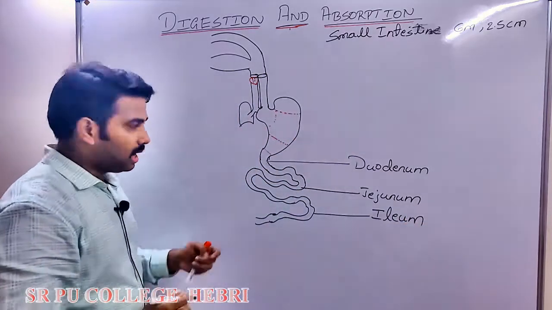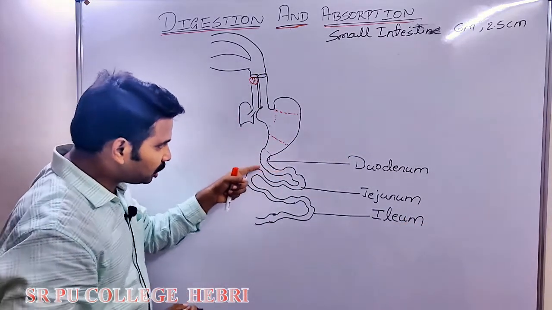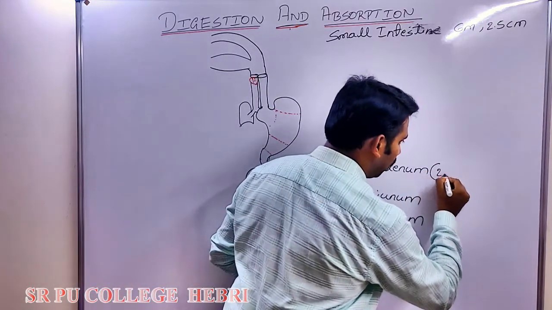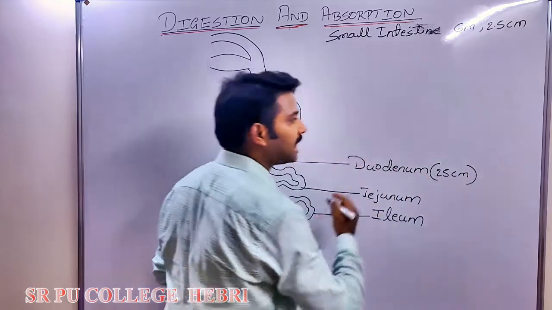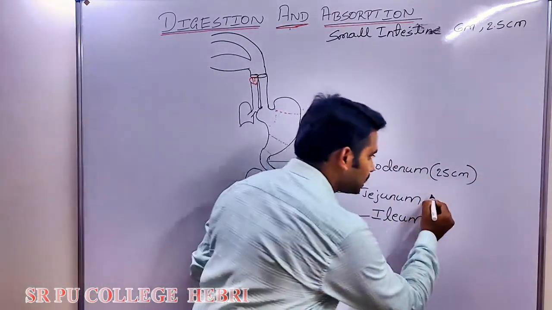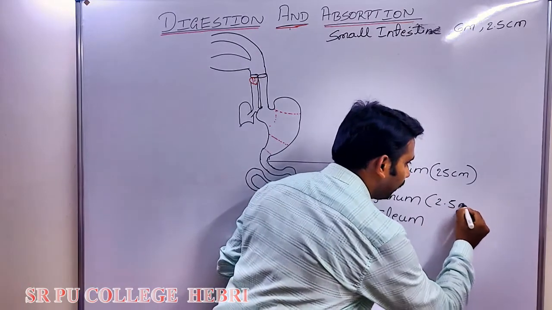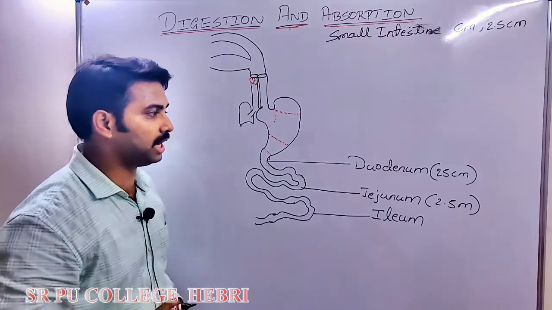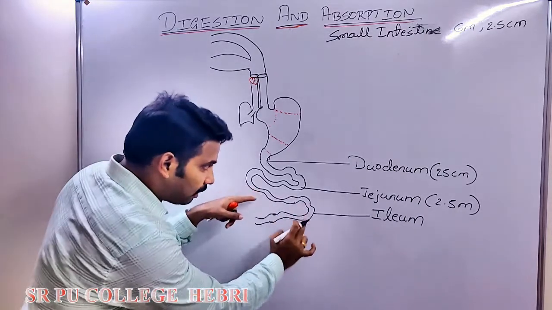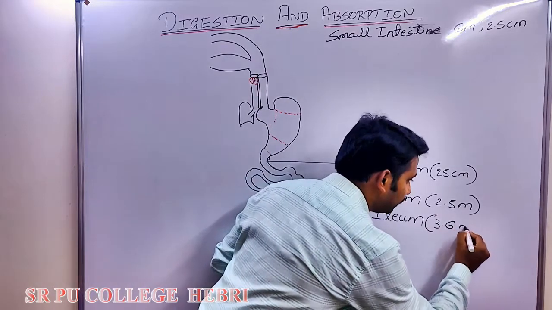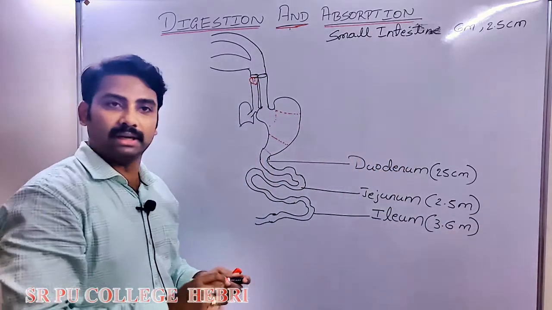I repeat, the initial C-shaped part is called duodenum, measuring around 25 centimeter. The middle part, which measures around 2.5 meter, is called jejunum, and the terminal part is called ileum, which measures a length of 3.6 meter.